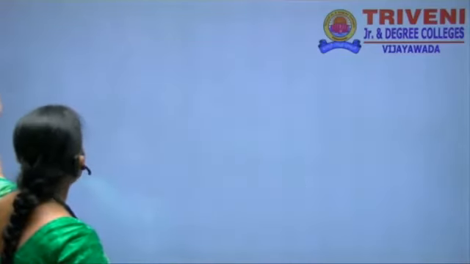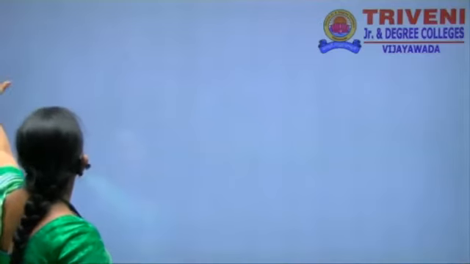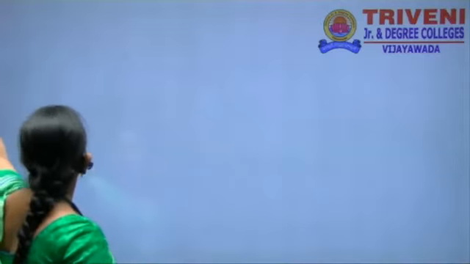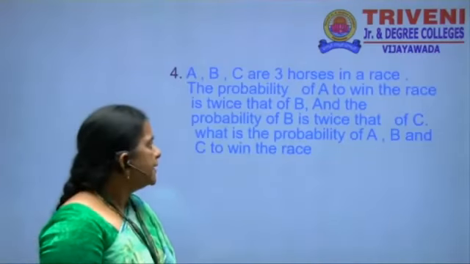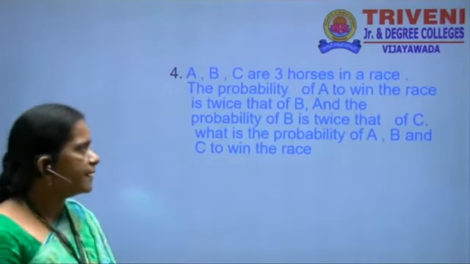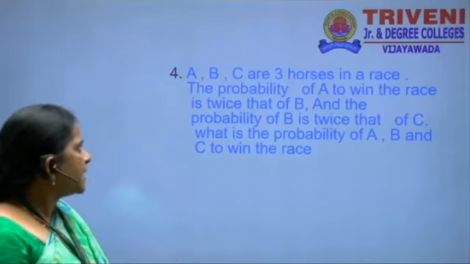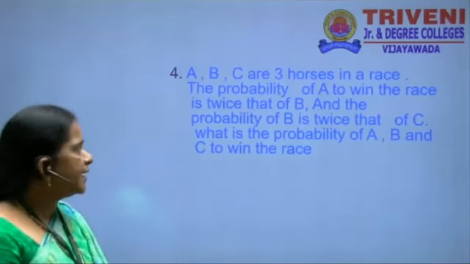Then we go to the next problem. A, B, C are three horses in a race.